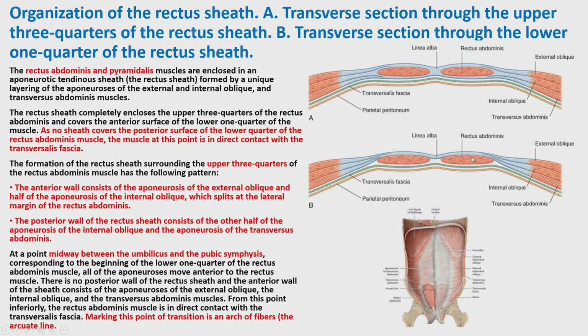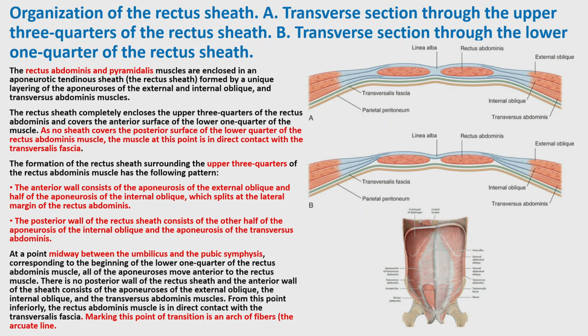And see, in the lower quarter of the abdomen, yes, you see all the aponeuroses of these three muscles are just going over the rectus sheath. No aponeurosis is going behind the rectus abdominis muscle in the lower quadrant of the anterior abdominal wall.